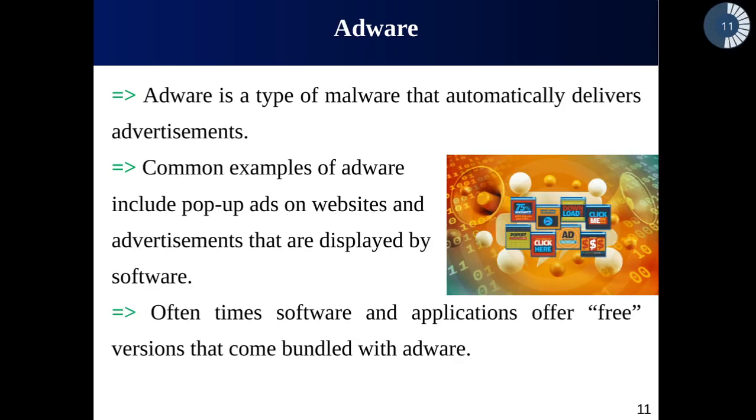Next category is adware. Ad is from advertisement and ware is from software. So, advertising supported software. It is a type of malware that will automatically deliver advertisements. Common examples of adware include pop-up ads on websites and advertisements displayed by the software. So this is not very harmful. Oftentimes software and applications offer free versions that come with a bundle of adware.